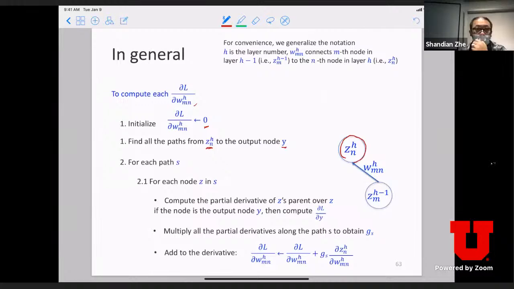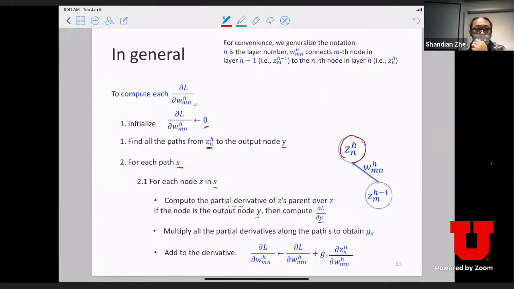Then for each path S, we go through each node Z in S. We compute the partial derivative of Z's parent over Z. If the node is the output node Y, then we compute the partial loss over partial Y directly. Otherwise, you just calculate the partial derivative of its parent node over itself.